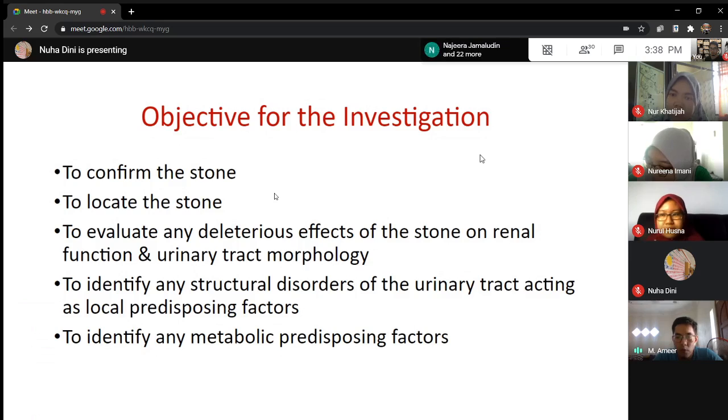And also, we want to identify if there's any structural disorder along the urinary tract that predisposes to stone formation. Finally, we want to check if there are any metabolic predisposing factors that cause urolithiasis.